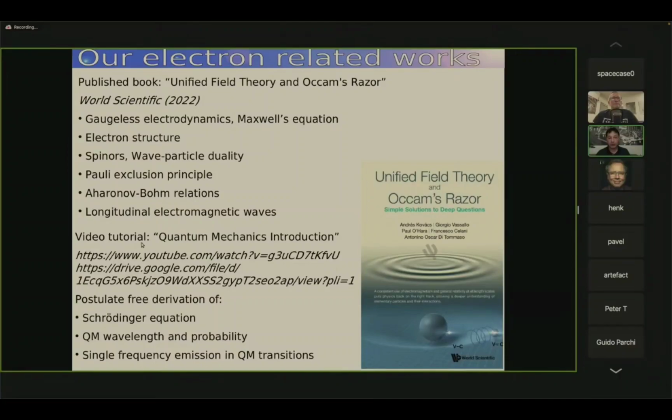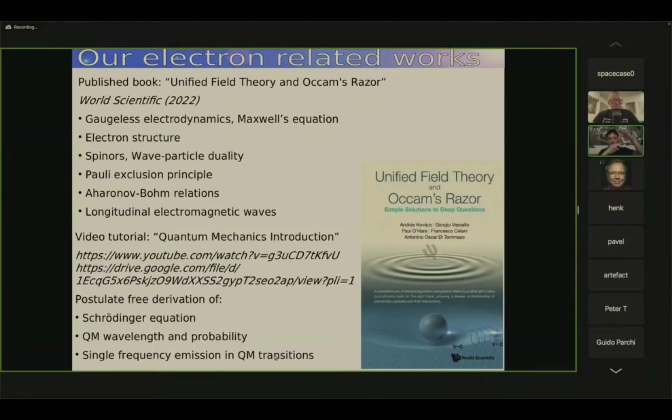Also, I have a video tutorial, Quantum Mechanics Introduction. If you search for this on YouTube together with my name, you will see the video, and there you will find a derivation of the Schrödinger equation, about the quantum mechanical wave, and importantly about single frequency emission in quantum mechanical transitions.